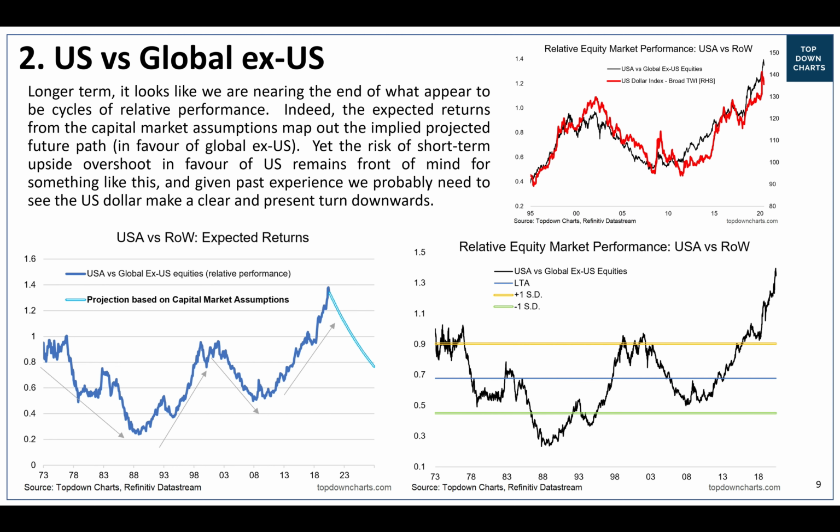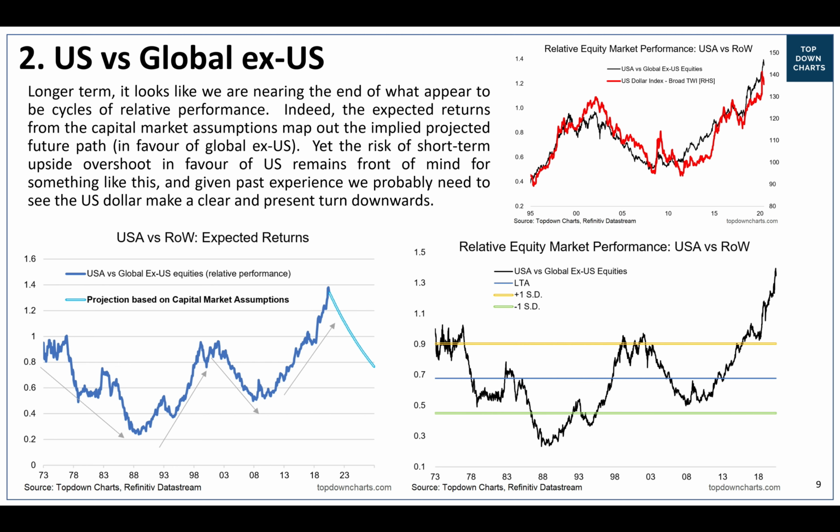For example, if the US dollar weakened substantially, then global ex-US assets could do 0% by themselves, but because of that currency translation effect, you'd get quite a substantial currency return kicker if you weren't hedging.